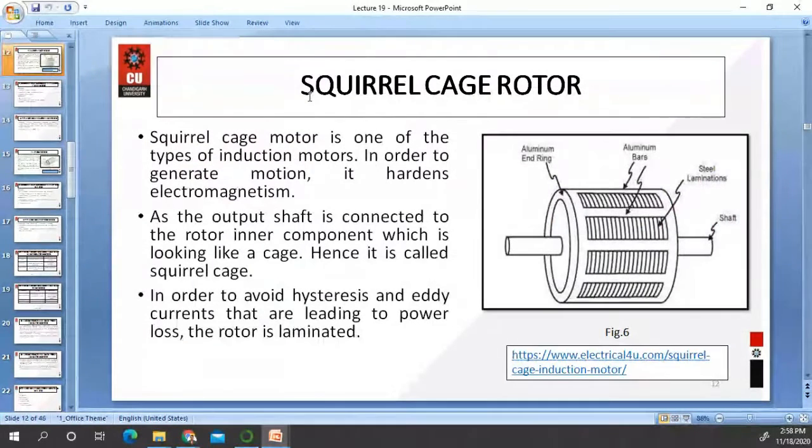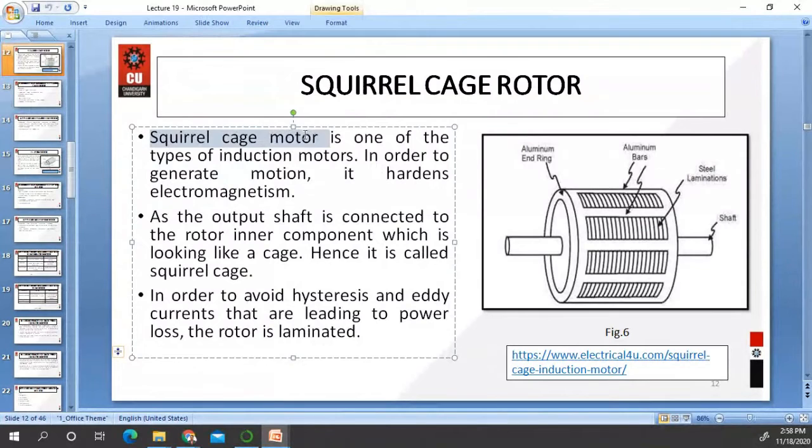So in the squirrel cage rotor, you can find this squirrel cage motor is one type of induction motor. In order to generate the motion, it happens electromagnetically, as the output shaft is connected to the rotor inner component, which looks like a cage, hence it is called a squirrel cage.